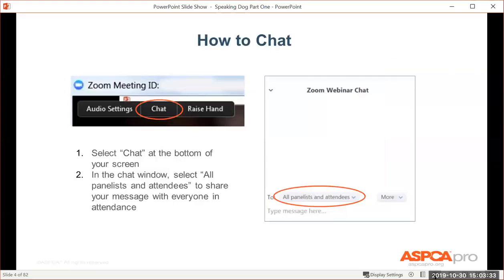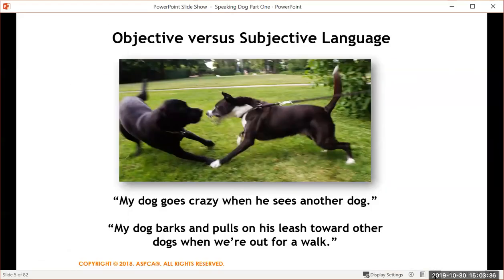Okay, so the first thing I wanted to point out is the distinction between objective and subjective language. Describing behavior objectively is really the first step because it sets the stage for accurate interpretation. And what do I mean by objective language? Well, describing something exactly in terms of what's happening. So in this case, my dog barks and pulls on his leash toward other dogs when we're out for a walk.